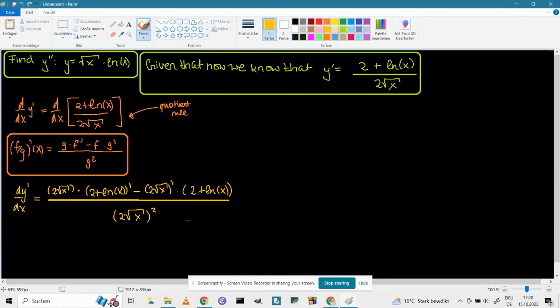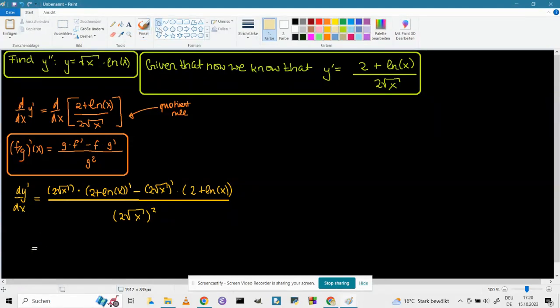Okay, so that makes sense. It's just a lot of writing mostly. Now the really hard part is just to simplify correctly. So the bottom's going to become 4x because 2 times the square root of x times 2 times the square root of x makes 4 times the square root of x times the square root of x, which is just x. So I'm going to put that below, otherwise I'm going to run out of space.